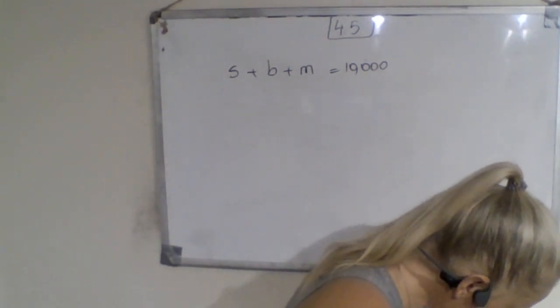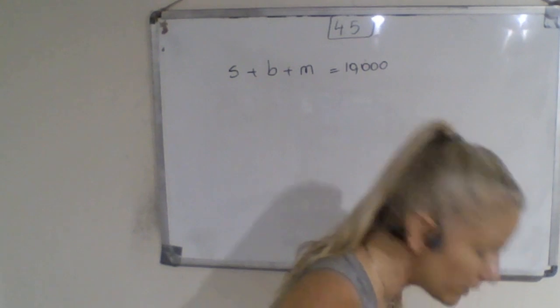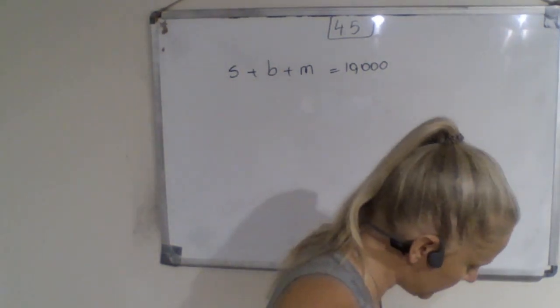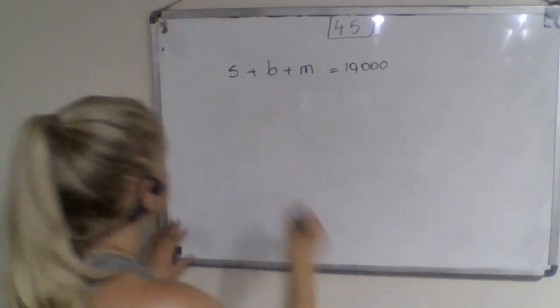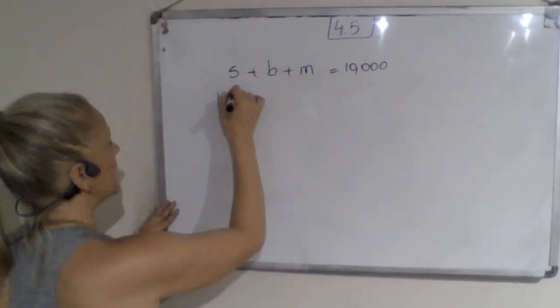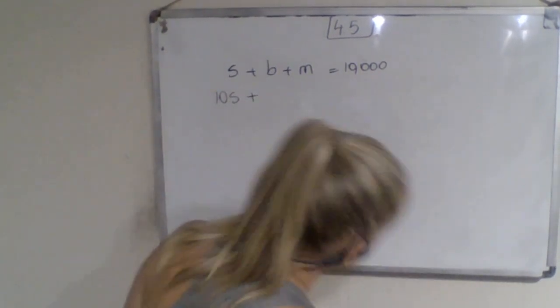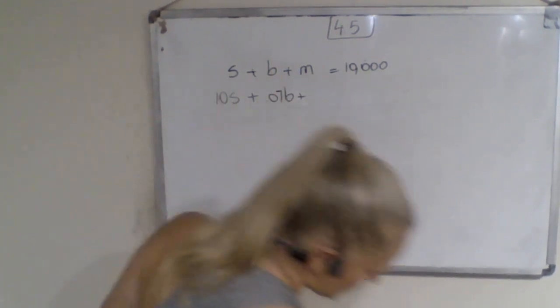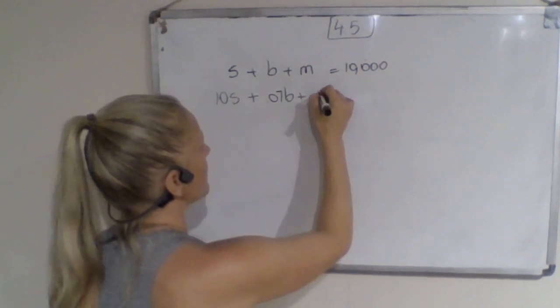My second equation tells me each one of them gives you a return. You make money by having bonds or stocks or money markets. The first one gives me 10 cents. I get 0.10s plus my bonds give me 7 cents, 0.07b, and plus my money markets give me 5 cents, 0.05m.